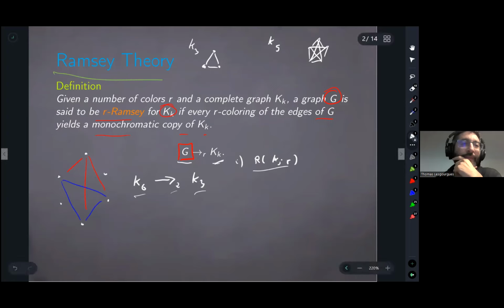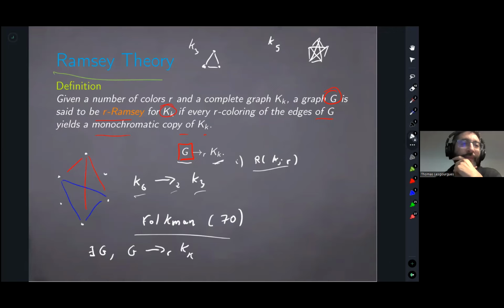For example, there is a result from Folkman, I think, in the 70s, if I'm not mistaken. I don't know exactly when, but it proved that you can have a graph Ramsey, let's say, for K_k, so if you color it with r colors, you have a K_k inside. But what's impressive is that you don't even have a K_{k+1} in G as a subgraph.